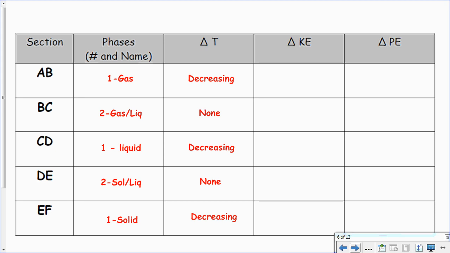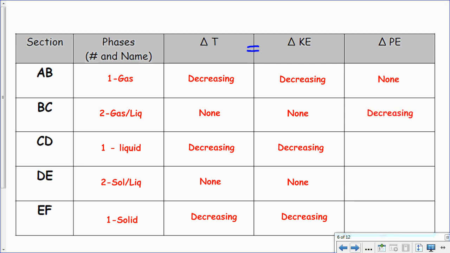Again, temperature and kinetic energy are very much linked. So where I'm going to have a decrease in temperature, I will have a decrease in kinetic energy. Where the temperature is not changing, the kinetic energy will not be changing. Okay, and then in this case, it's actually the opposite again for potential energy. If the temperature is decreasing, the potential energy stays constant.